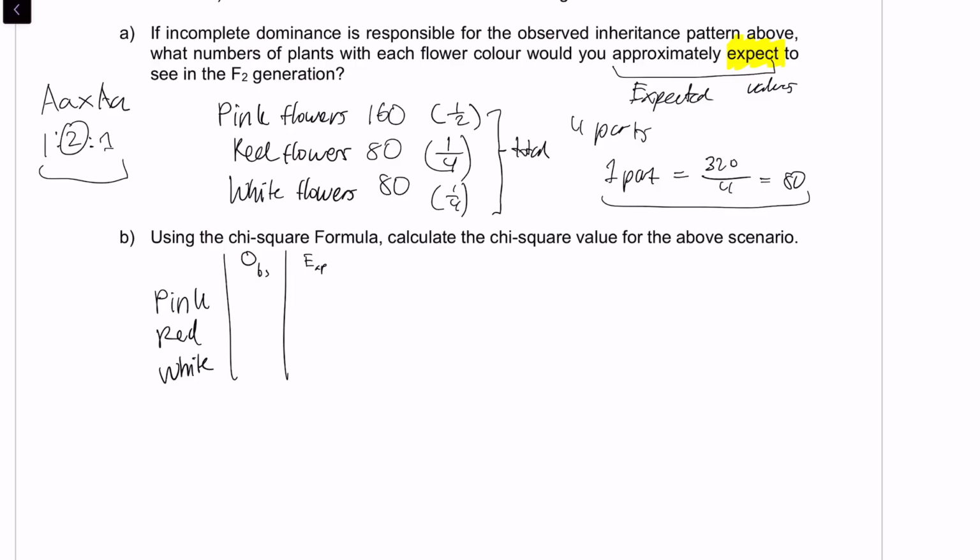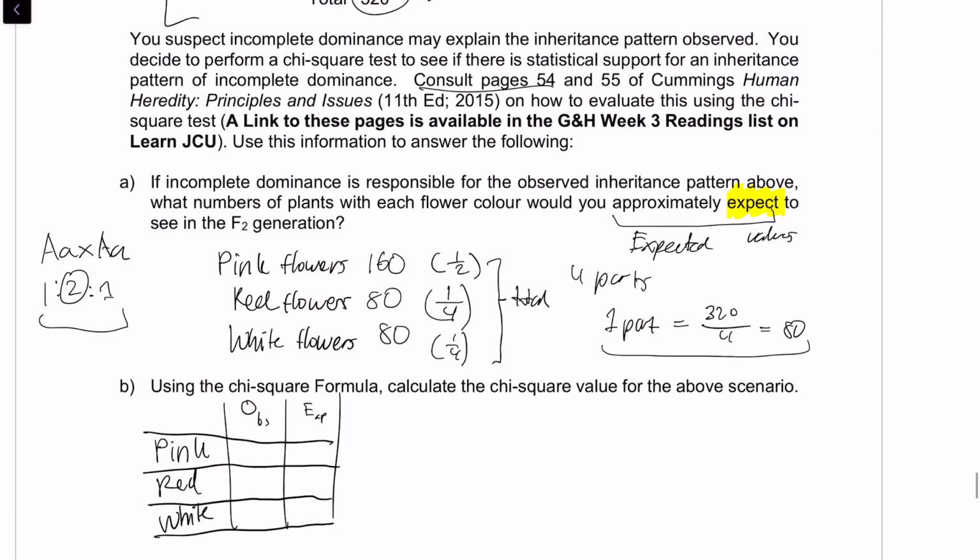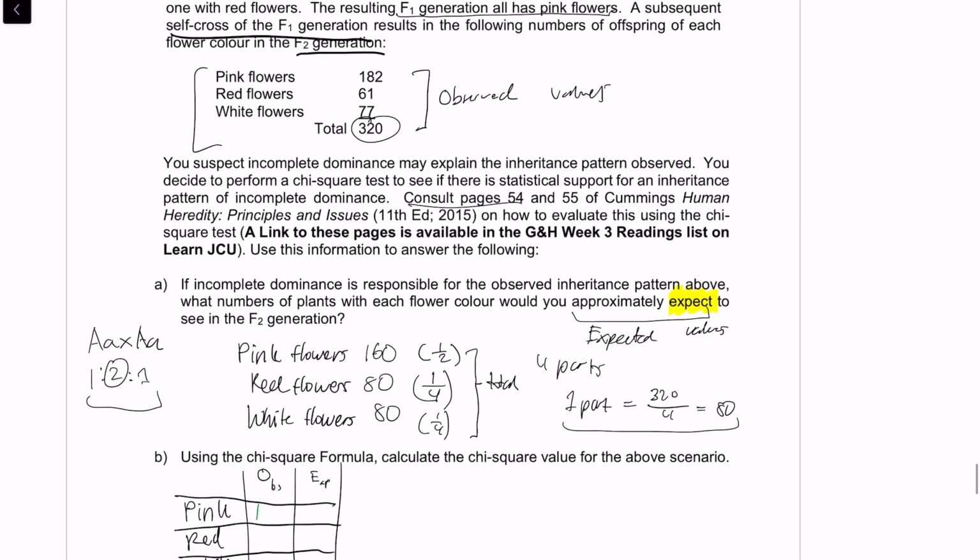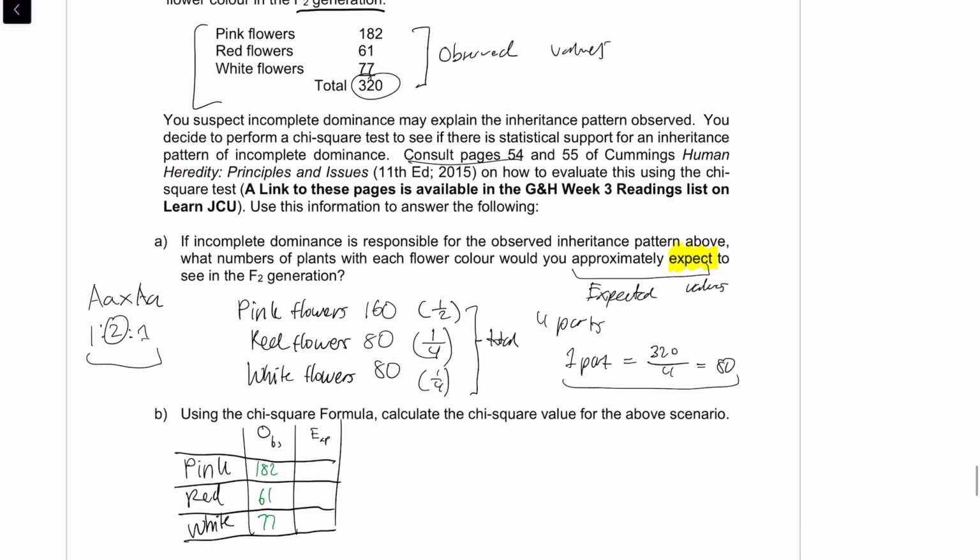Okay, so you can see there's lots of tables in G&H, but we'll work with them. We know that the observed values we just take from the table. Pink flowers are 182, red 161, 77. Expected values are what we calculated in part A.